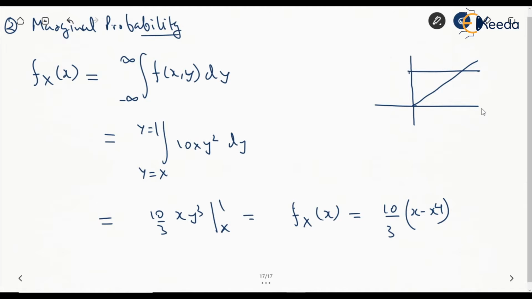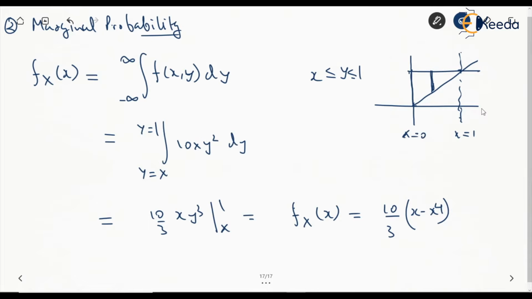Now that you took this vertical element for integration of dy, and you said y will have a limit of x to 1, what about the definition of x? What is the region for this x? This element is defined from this point to this point, right? And this is x is equal to 1, and this is x is equal to 0.